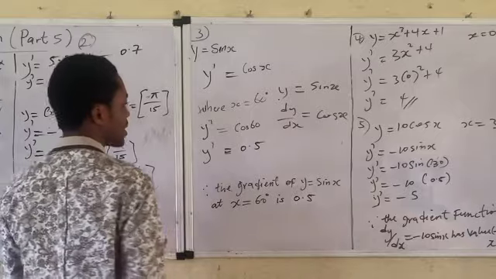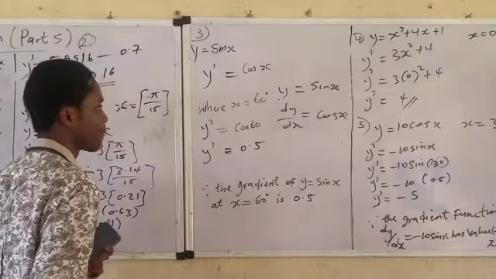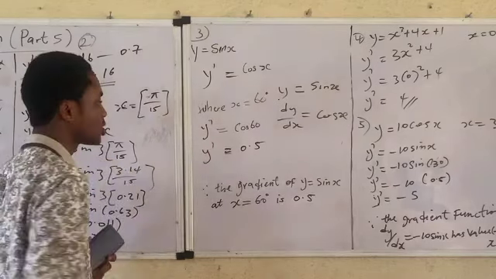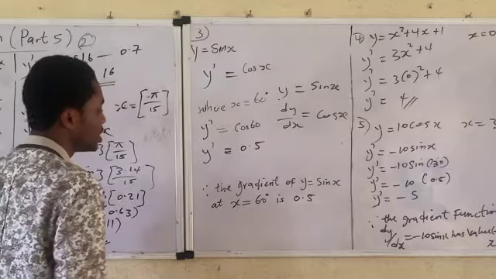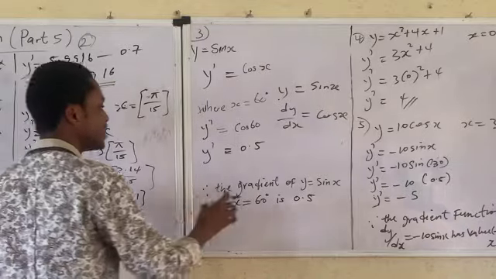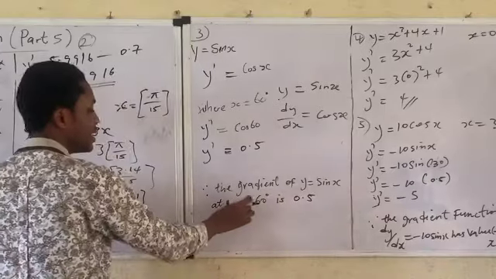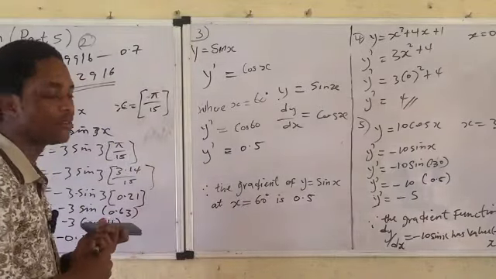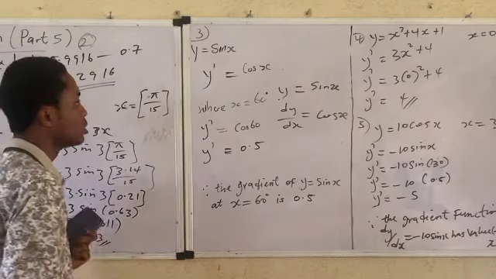We take our x as 60, which will give us cos 60. y prime equals cos 60, which gives us 0.5. Therefore, the gradient of y equals sine x at x equals 60 is 0.5. That is it for this question.